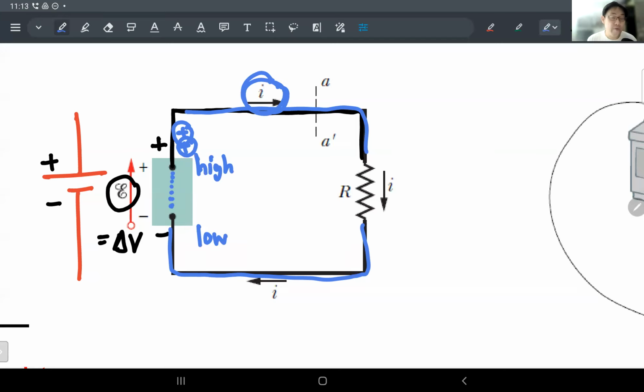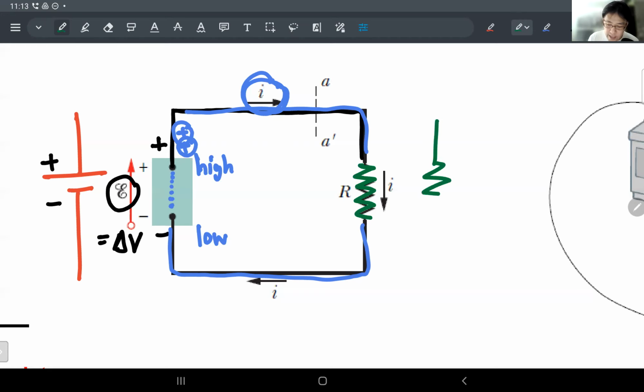However, along the way, you will encounter some resistance. Think of it like friction. When you're sliding down, you're losing some energy and getting slower. Your energy is being lost along the way, and that is the resistance that gets in the way here. You represent it as a zigzag configuration.